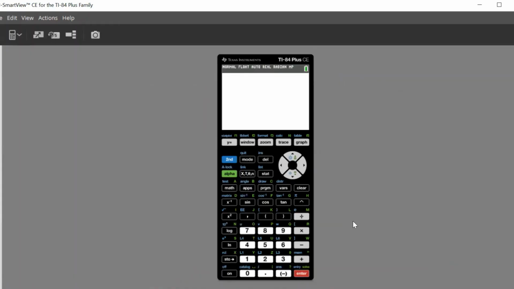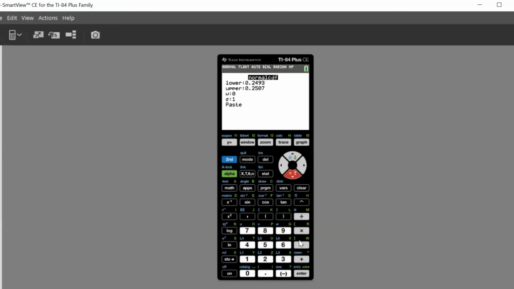Here's our TI-84 CE Plus calculator. I have to access distributions, which is by pressing second and variables. That's where I have distributions. And select number 2, normal CDF, hit enter. The lower limit is 0.2493. And the upper limit is 0.2507.